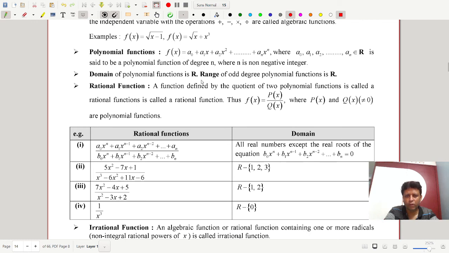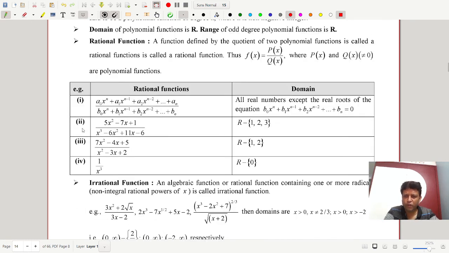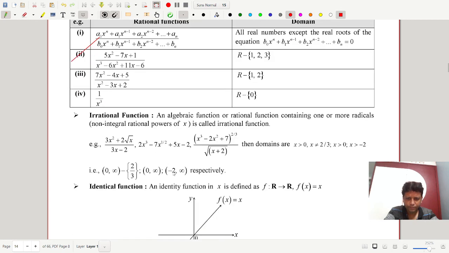Polynomial function domain is always R. Range of odd degree polynomial is R. Look at rational function number 2. What is the domain? Domain means the set of input values. Input values are all real numbers except 1, 2, 3. That means for 1 the denominator is 0, for 2 the denominator is 0, for 3 the denominator is 0. So for rational functions you have to see the undefined portion and just exclude it.